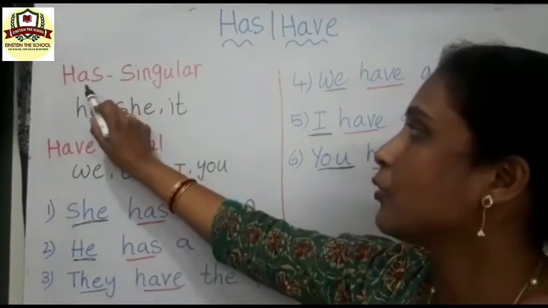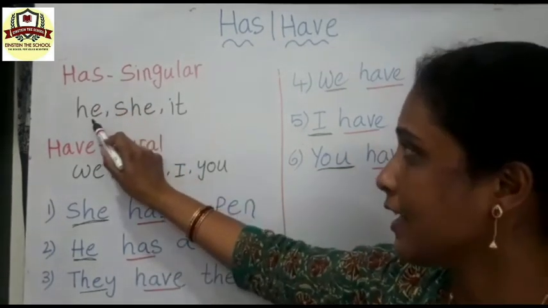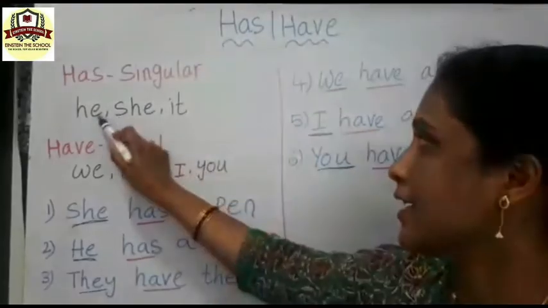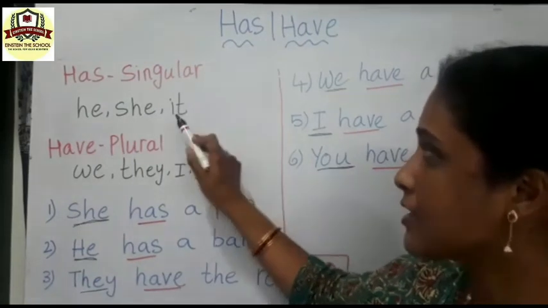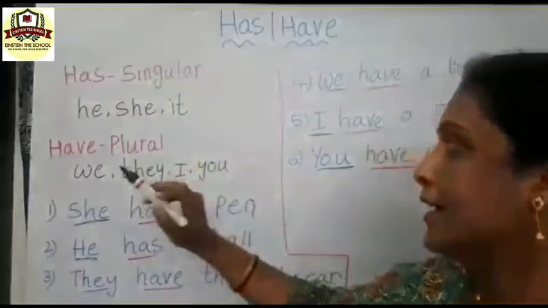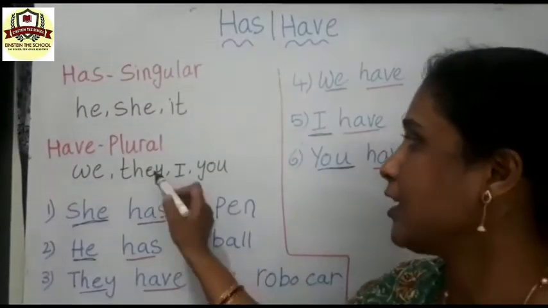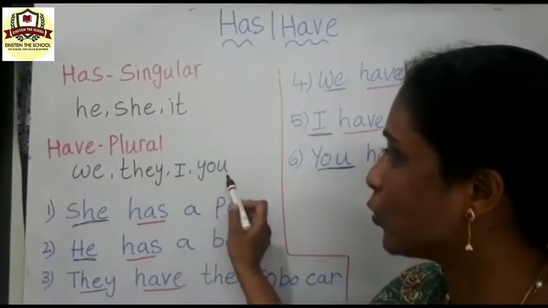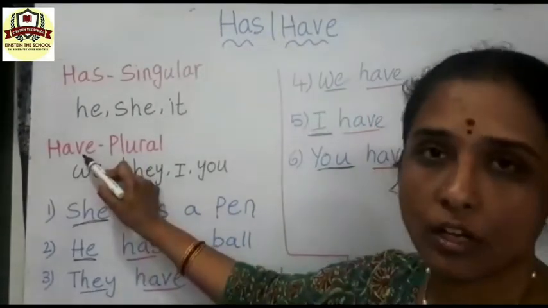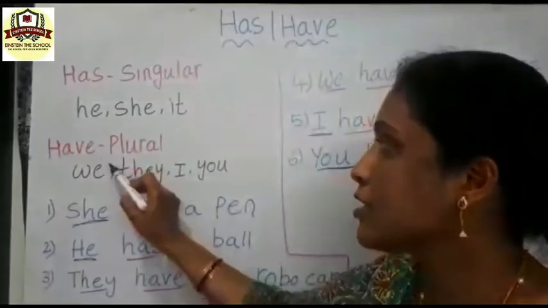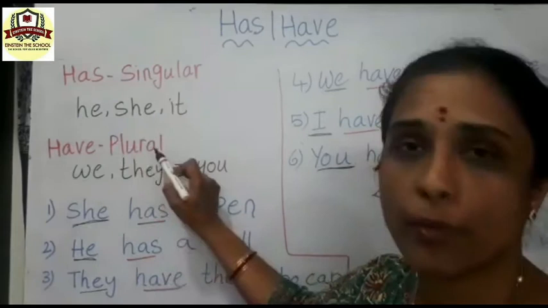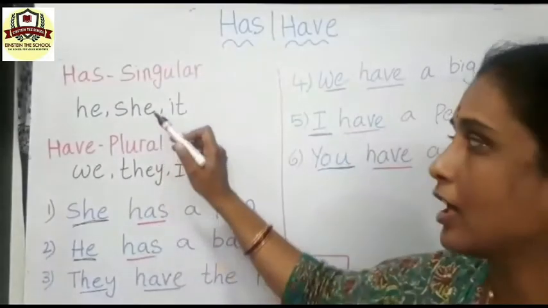Simply just remember this, children. Has will come when, for what? He, she, it. If you see in a sentence he, she, it, at the time we will use has. And if you see in a sentence we, they, I, you, then at the time what we should use? Have. Here has is singular and have means plural. Understood, children?